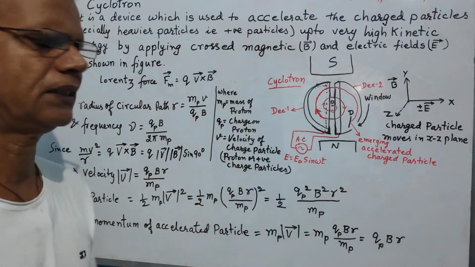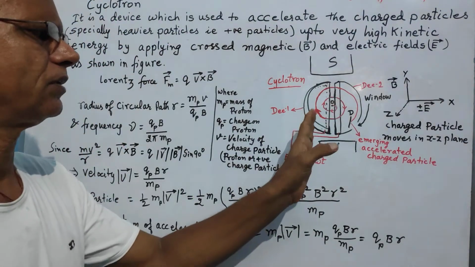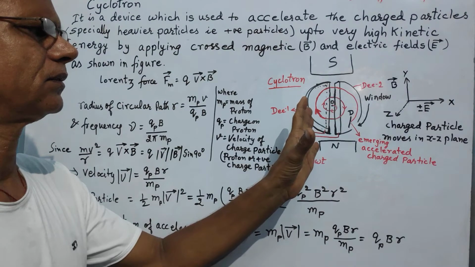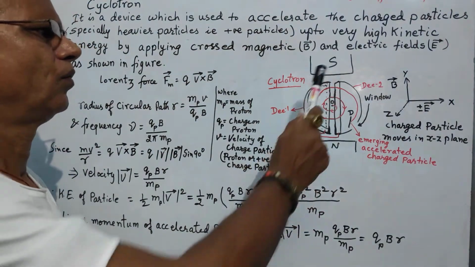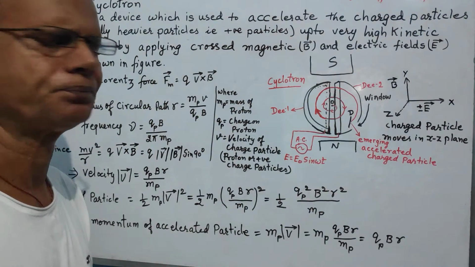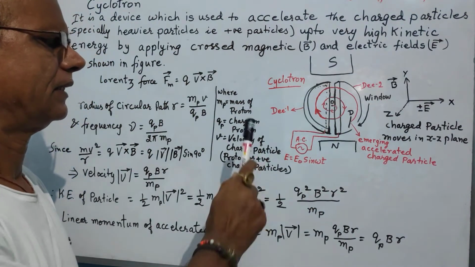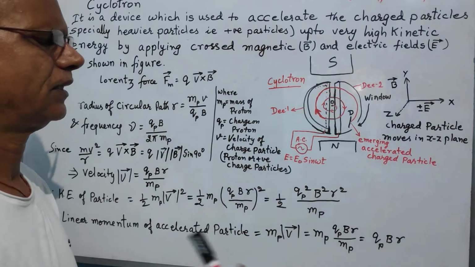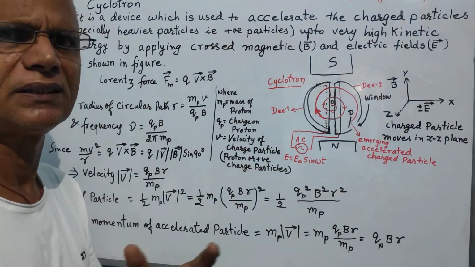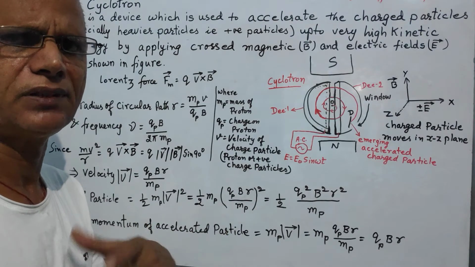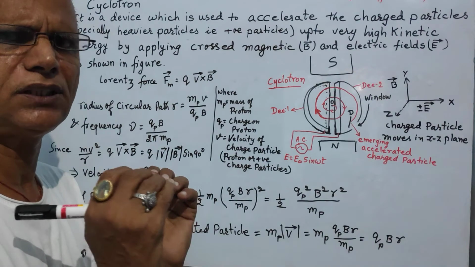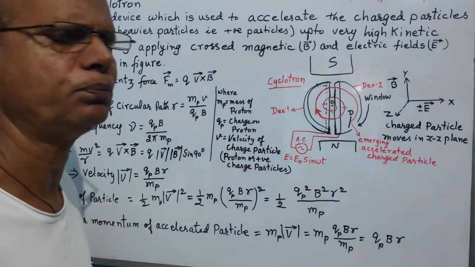Cyclotron is a combination of three things. One is the magnetic field produced by strong solenoids, and another is a hollow D-type structure, which is a cavity, meaning a hollow D-type structure which is cut into two pieces.